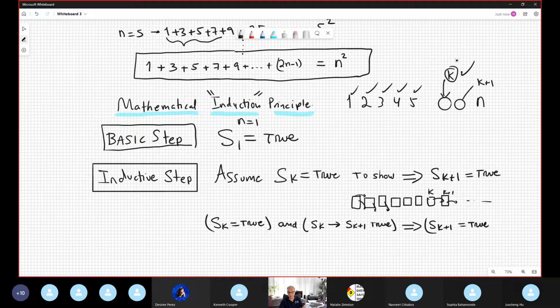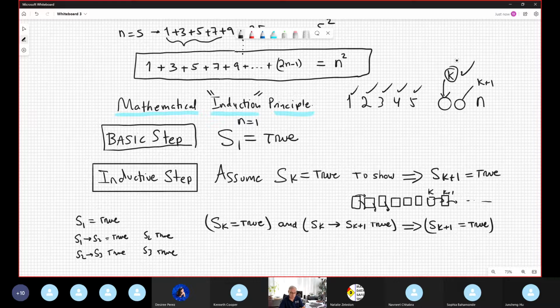This sounds a little bit similar, but no. This is the implication that this is true and implies that it's true. So you prove, for example, S1 is true, and you prove that S1 implies that S2 is true, then S2 is true. And this process continues. If S2 implies that S3 is true, S3 is true, and it continues forever. This is the principle.